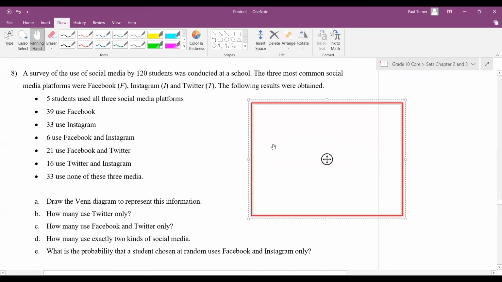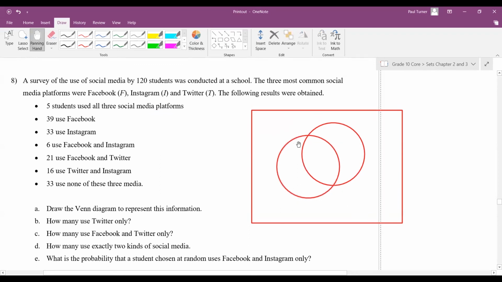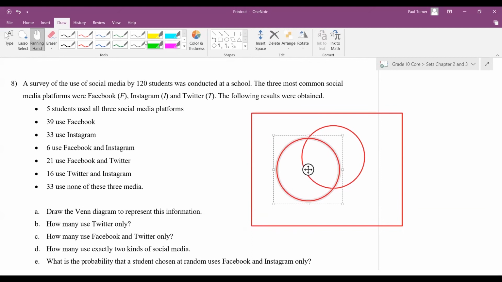So make a big rectangle, put in 3 circles. I'm not very good with this pen, so let me see if I can move that. Hard to move. Anyway, I'll draw another one. Make another circle.